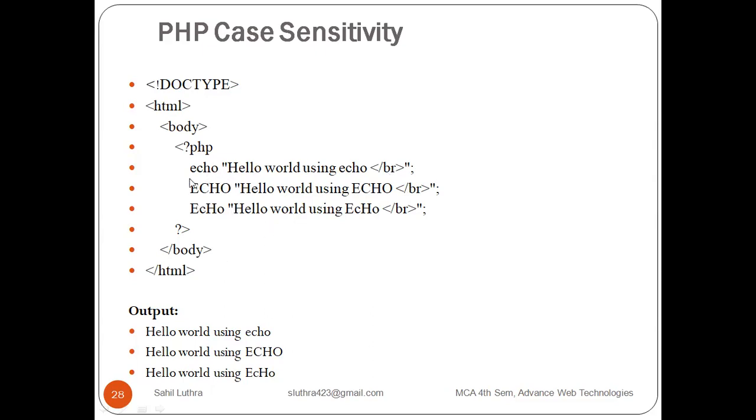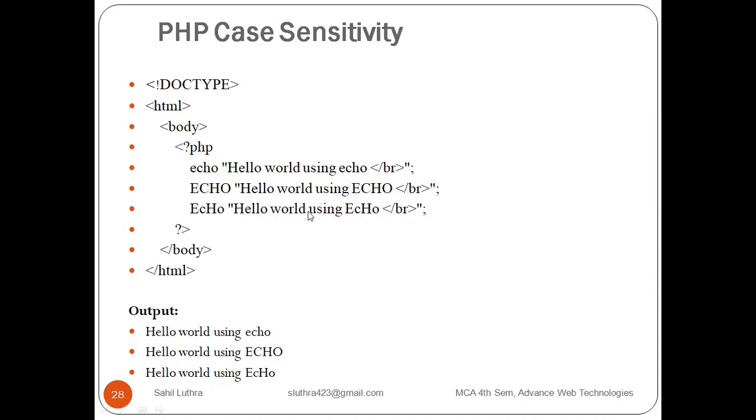After that, echo in capital letters. Here we again write hello world using echo in capital letters. After that we write the break tag, so that the output of the next line comes on the next line. After that, here we write in the toggle case. What does toggle case mean? The first letter is capital, the second is small, the third is capital, and the last one is again small.